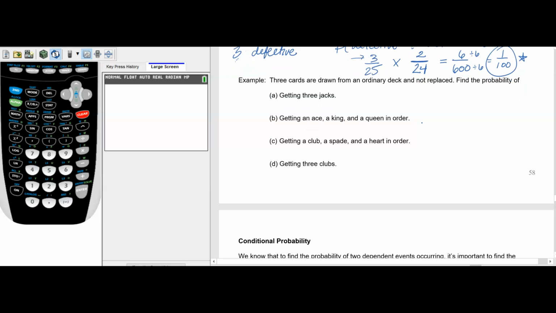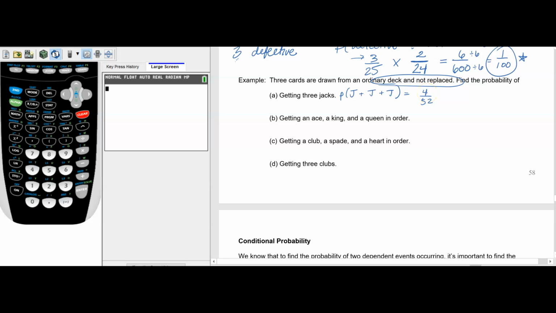So this first one asks, what's the probability of getting 3 jacks? So that's probability of jack and then a jack and then another jack. But this time we are not replacing cards when we take them out. So there are 52 cards in the deck to start with. There are 4 jacks.